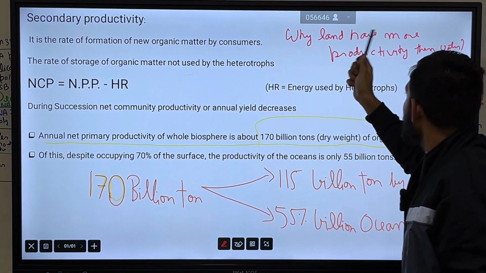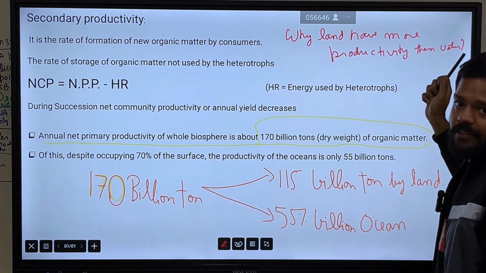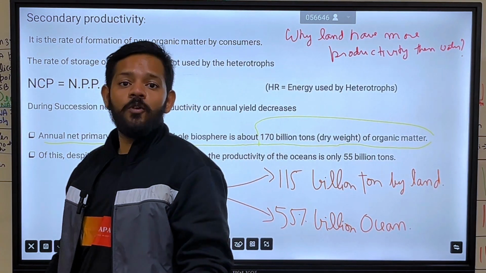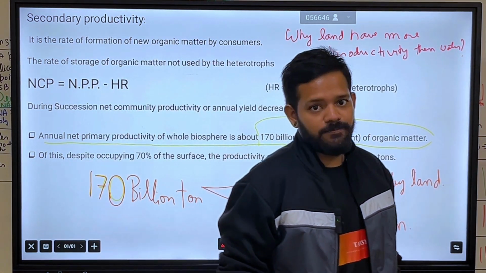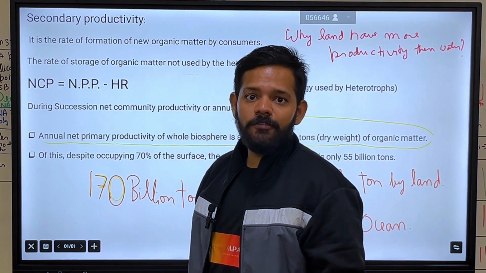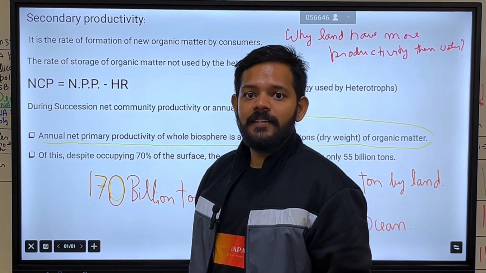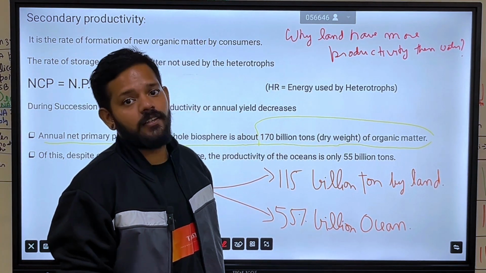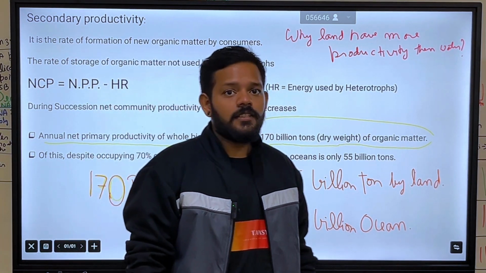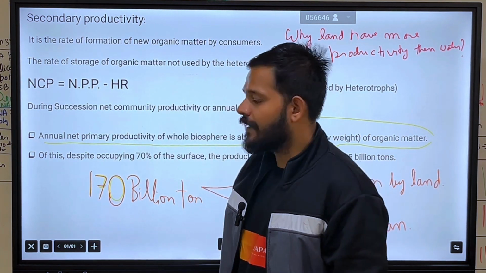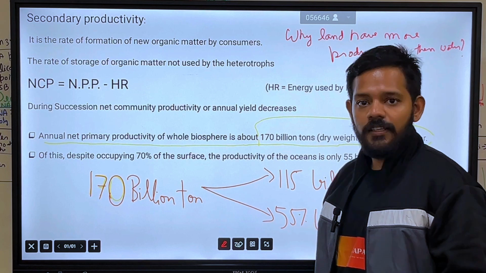The land ecosystem has more productivity than the water ecosystem. As you know, Earth is 70% water and 30% land, but still land gives more productivity than water. So drop your answer in the comment section. In the next lecture I will give the answer to this question.